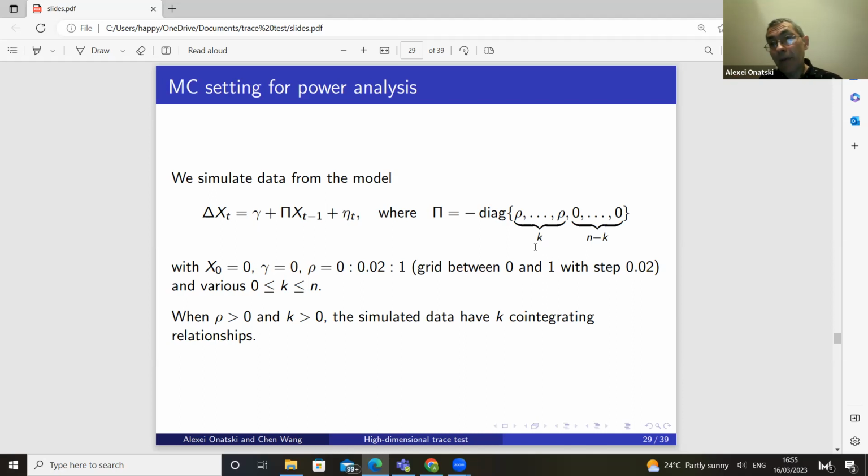If there are k of them non-zero, then there are k co-integrating relationships in the data. Actually, the diagonal nature of this matrix is without loss of generality, because I can multiply both sides of this equation by any matrix from the left. So it's not necessarily diagonal, but here it's easier to understand with the diagonal form. And my rho will be varying from 0 to 1.